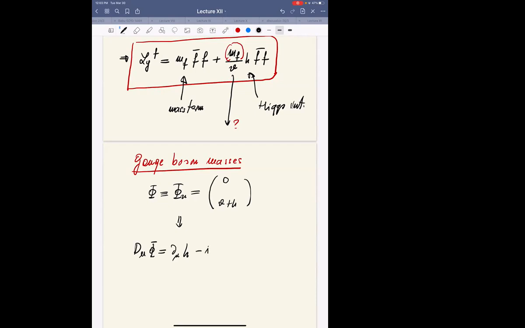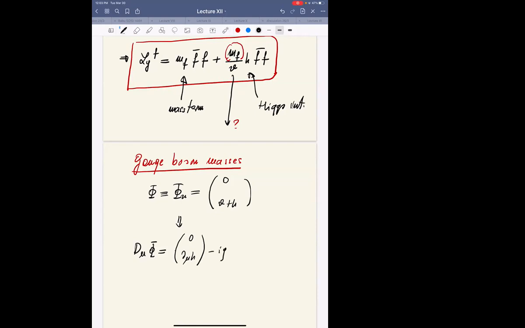Minus Ig, and then Ta, oops. It's a doublet. Minus, maybe I should write this more neatly. I'm sorry. That's a very important formula. So there is a doublet 0, d mu h.